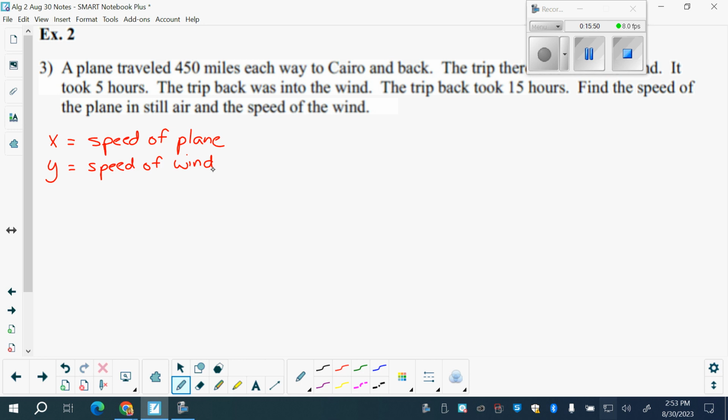A distance formula. Good. We've got distance of 450, a rate, speed, and time. What is the distance formula? Distance equals rate times time.